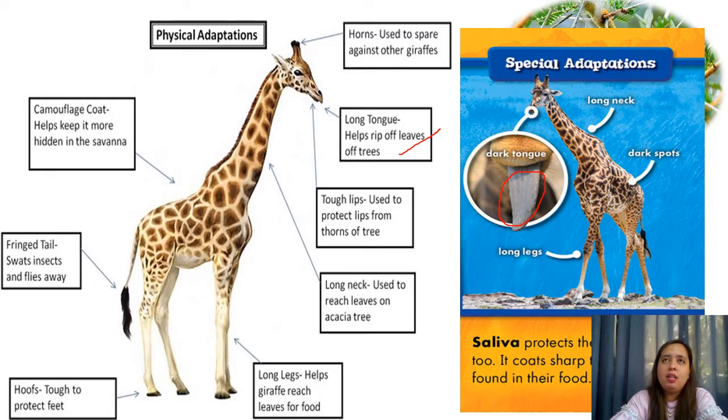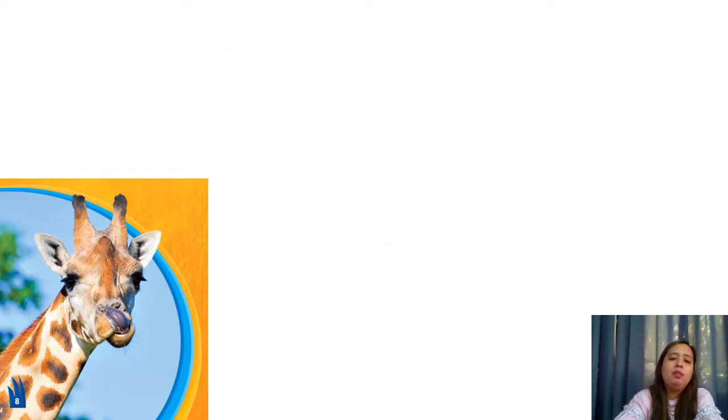Their saliva is like a pandikit, like the Elmer's glue. Yung nilalaro ninyong slime ball, para siyang made of glue-like material that coats now the thorns, at the same time the enzyme in there directly dissolves these thorns.